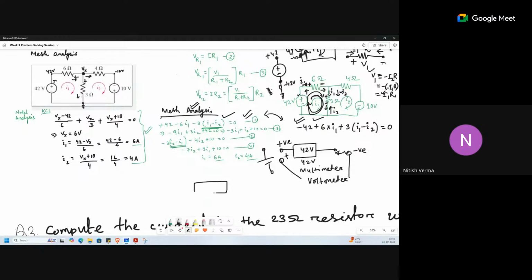Suppose I have a 6 volt battery, and the upper side is the positive terminal and the lower side is the negative terminal. This is your design. Whenever you are designing the battery, at that time only it is created with the plus to minus polarity.